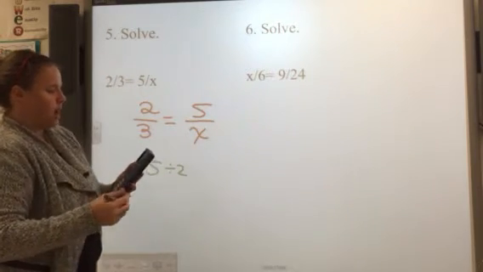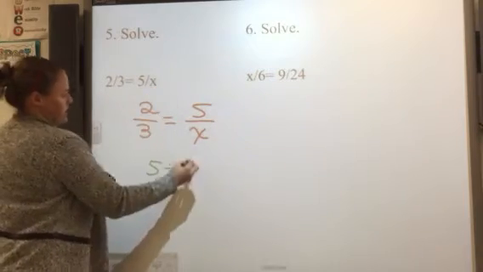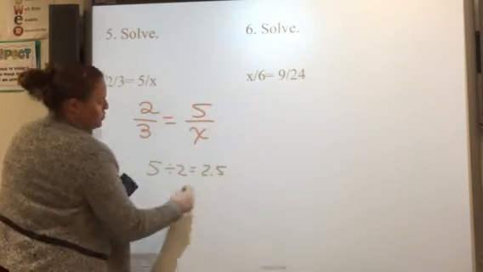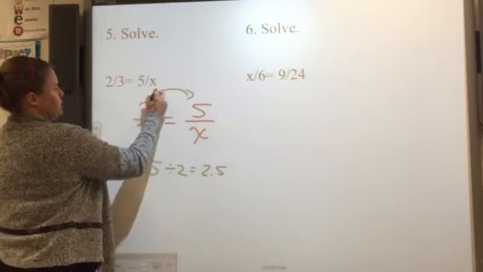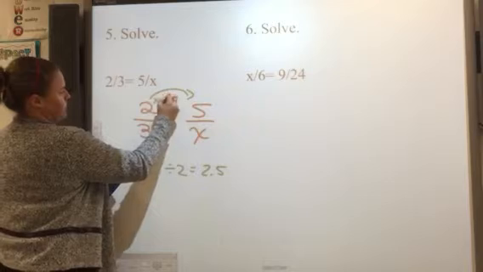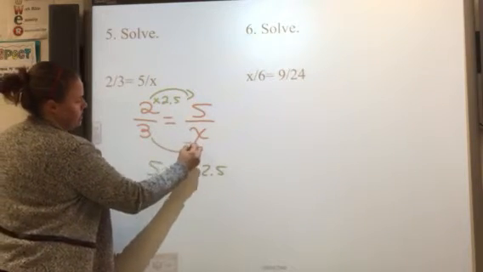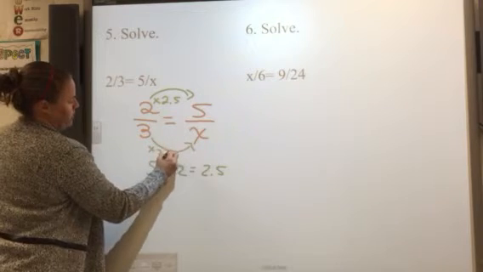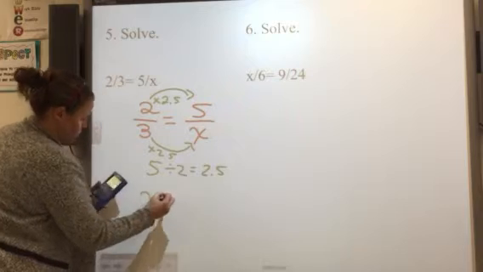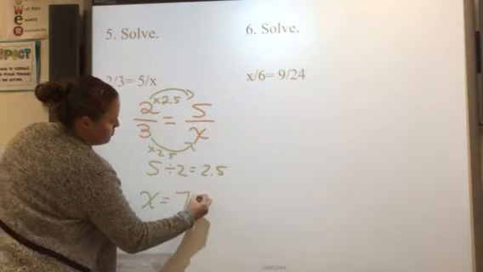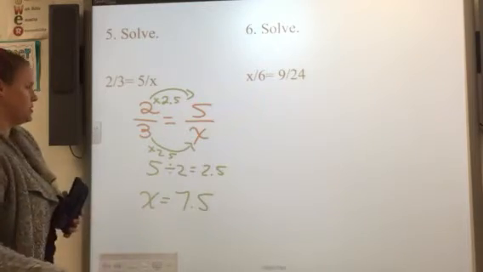And that's going to tell me the operation that I used to get to 2 times 5. So this equals 2.5, so I can use that information to say now 2 times 2.5 is going to equal 5, and so I can do the same thing down here. 3 times 2.5. So x will be equal to 7.5. Okay, so 7.5 is what it equals.